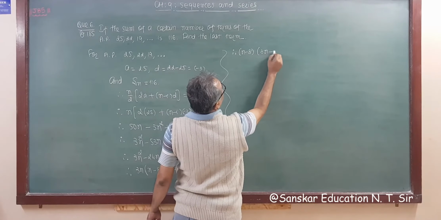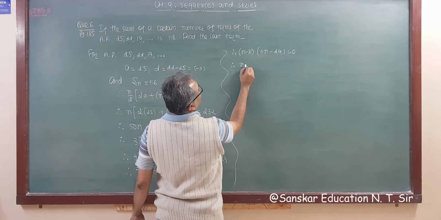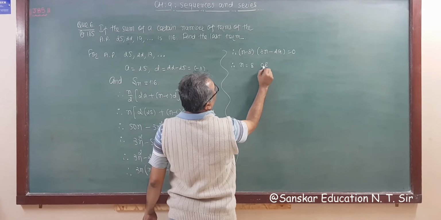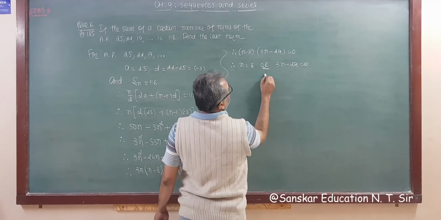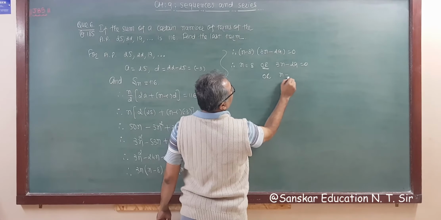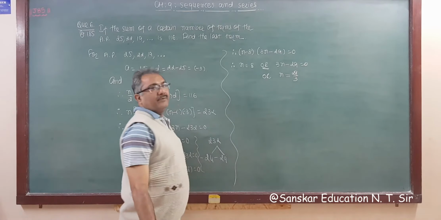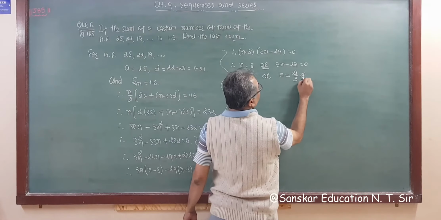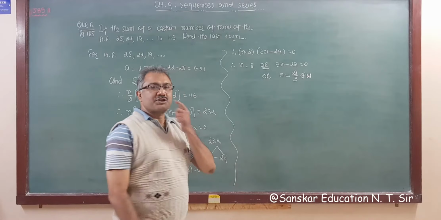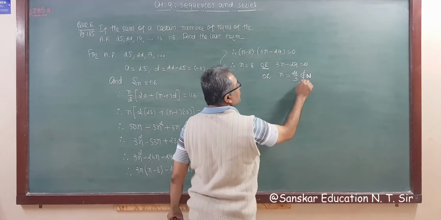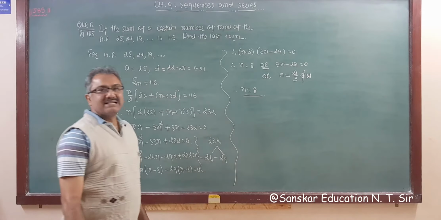So we get n is equal to 8 or 3n minus 29 equal to 0, so n is equal to 29 by 3. n equal to 29 by 3 doesn't belong to natural numbers, so this is not possible. So the possible value of n is 8.